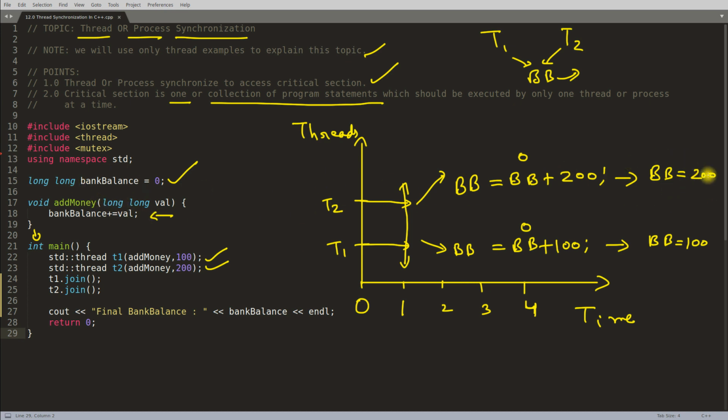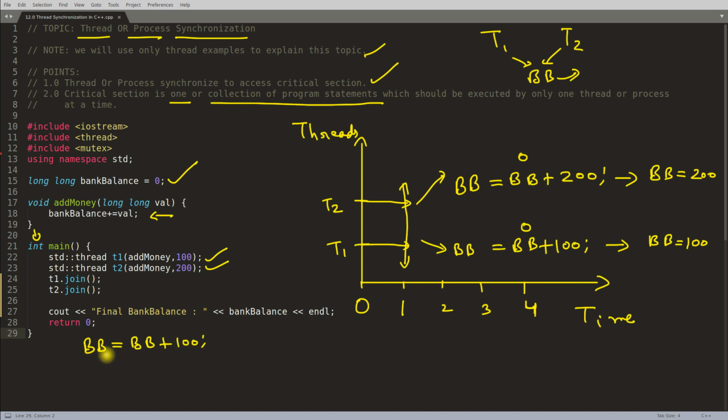If you want to understand this topic a little more in detail, I can tell you that if you write something like bank balance is equal to bank balance plus some value, maybe 100, and this is what you are going to execute in your program, then how will the processor do this?